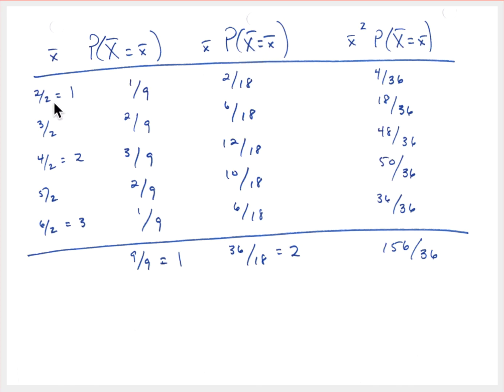And so I'm just multiplying corresponding entries in these first two columns. And so the column total for that column would give us the expected value of X bar. This column would give us the expected value of X bar squared, because it contains the squares of the values in the first column times the corresponding probability.